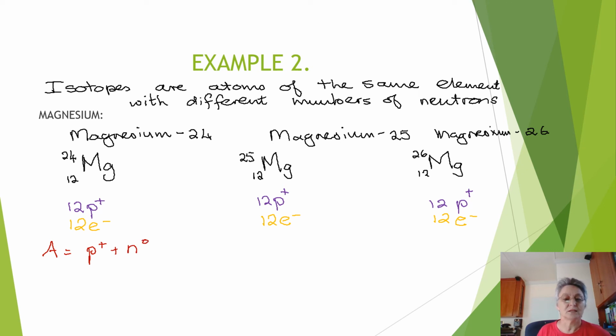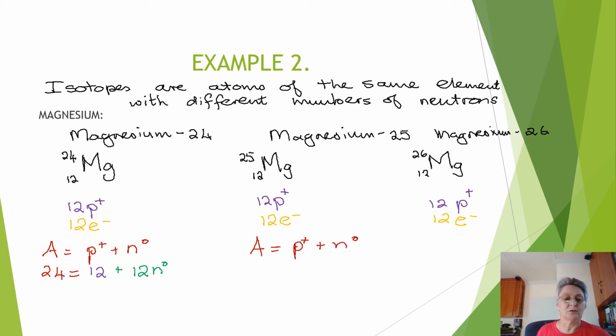So if the mass number is 24 here and the protons is 12, how many neutrons do we have here? We have 12 neutrons, because 12 plus 12 equals 24. Now this is actually really simple mathematics. The mass number is the number of protons plus the number of neutrons.